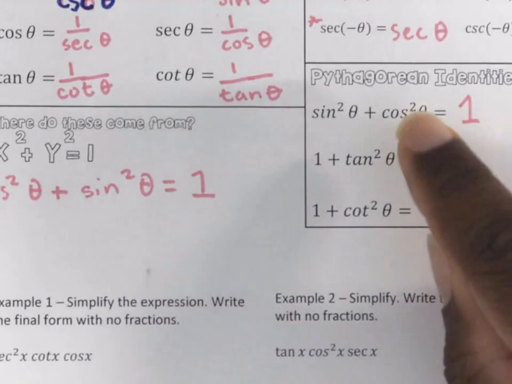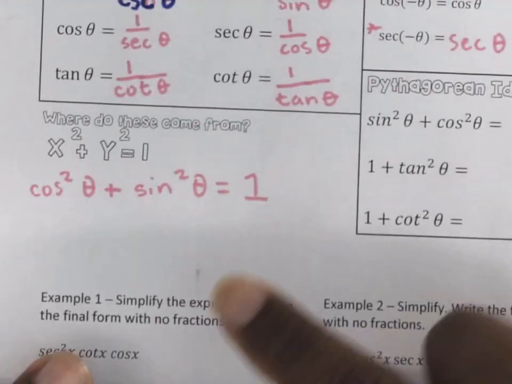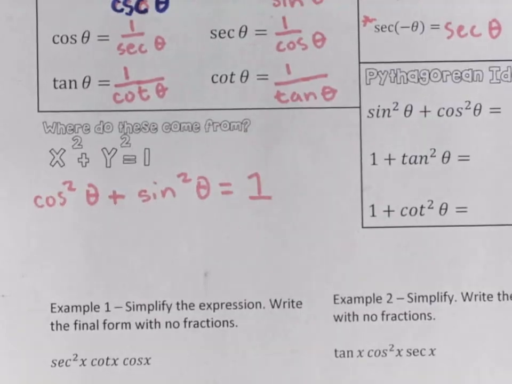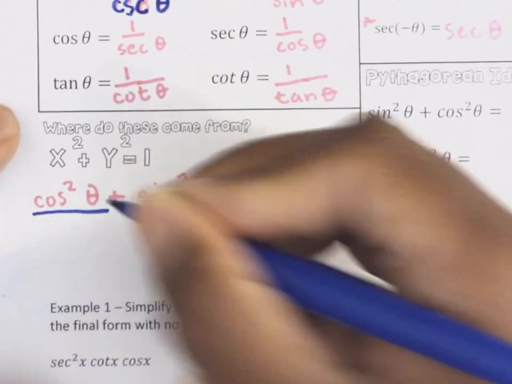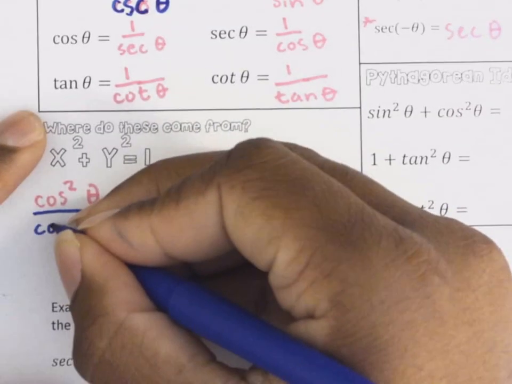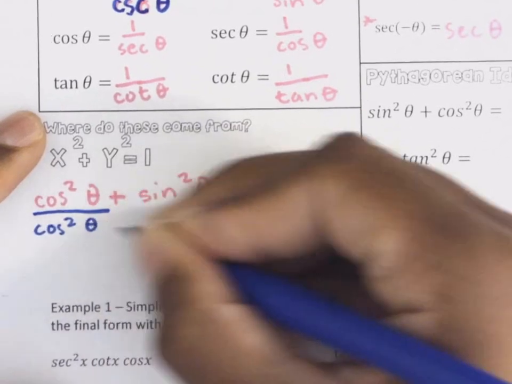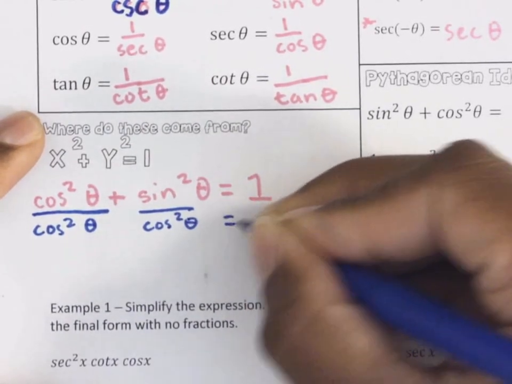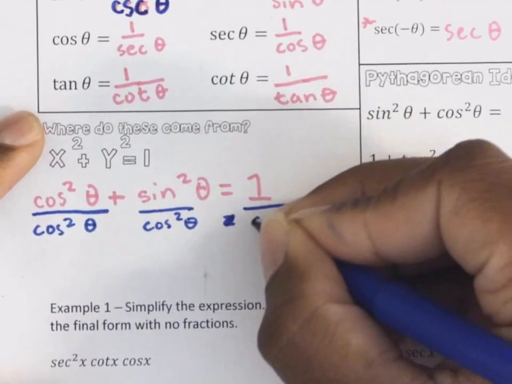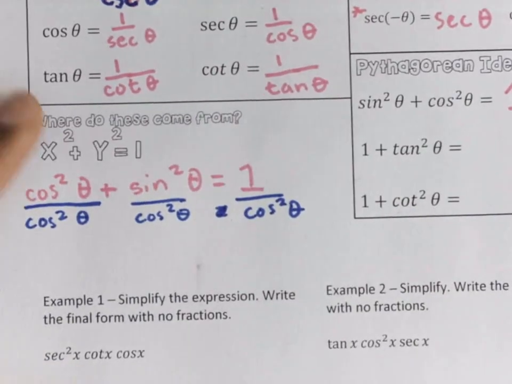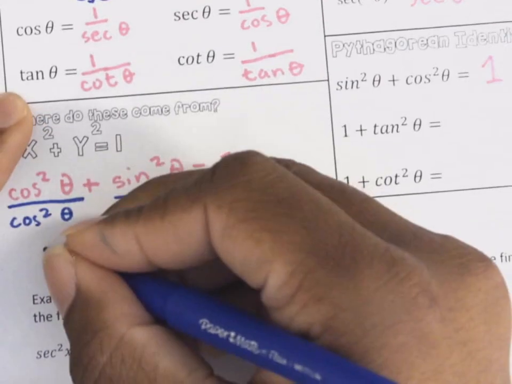Just Pythagorean's theorem. You get these other identities, and you don't have to write this, but if we divided all of these terms by cosine squared, this would simplify to 1.